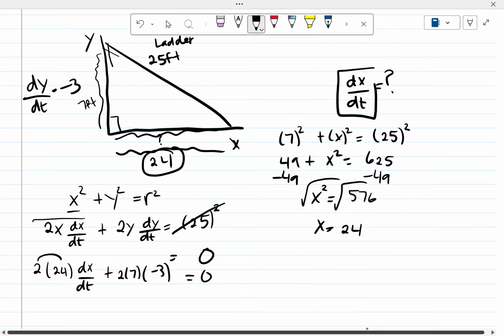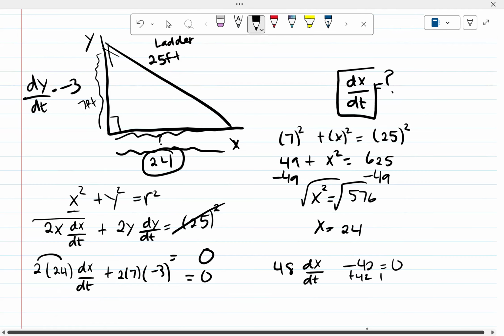So let's clean this up. 2 times 24 is 48, and then we have dx over dt. And then 2 times 7 times -3 is -42, equals 0. Go ahead and solve for dx dt.